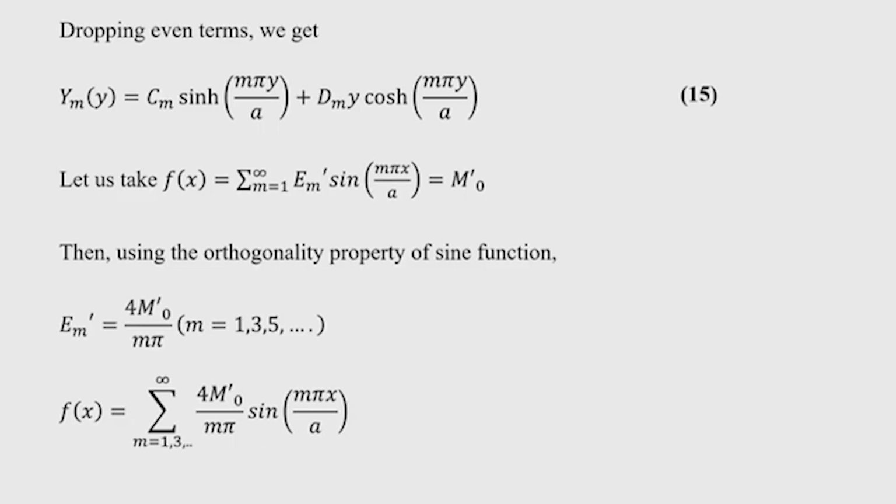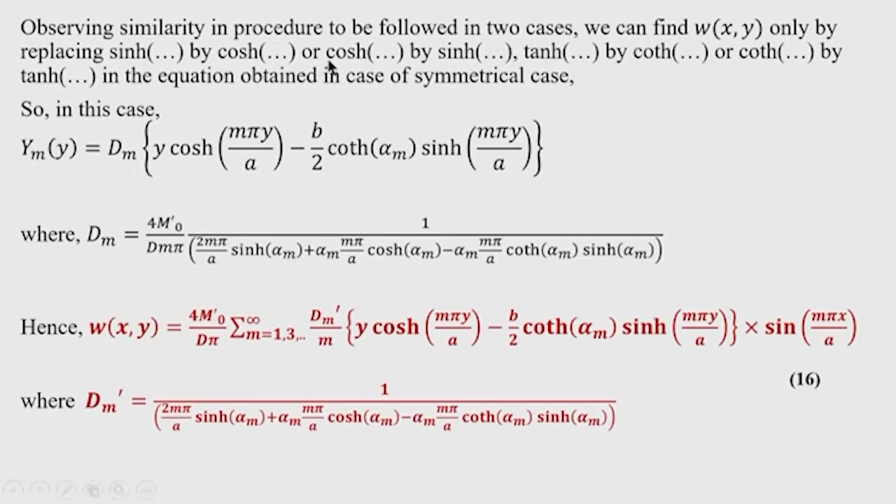But since it is an antisymmetric problem, all the terms in the deflection surface should involve the symmetric terms. There will be no contribution of antisymmetric terms in the deflected surface. So, observing this fact, we can replace the several terms by their antisymmetric counterparts in the deflection series.